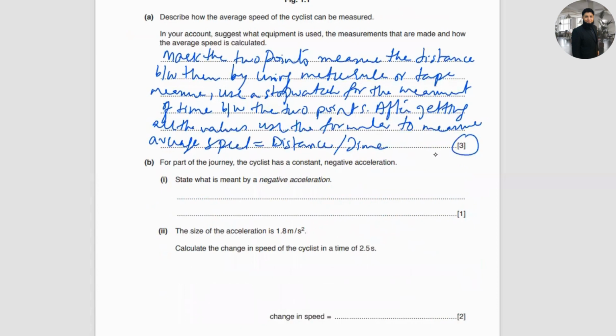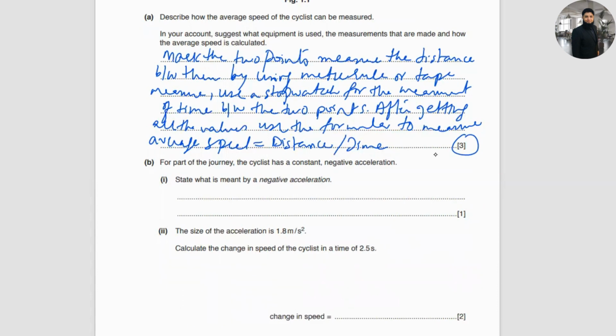After that it says for the part of the journey the cyclist has a constant negative acceleration. State what is meant by negative acceleration. So first we should know what is acceleration. Rate of change of velocity of a body. When the velocity of a body changes, acceleration is produced.